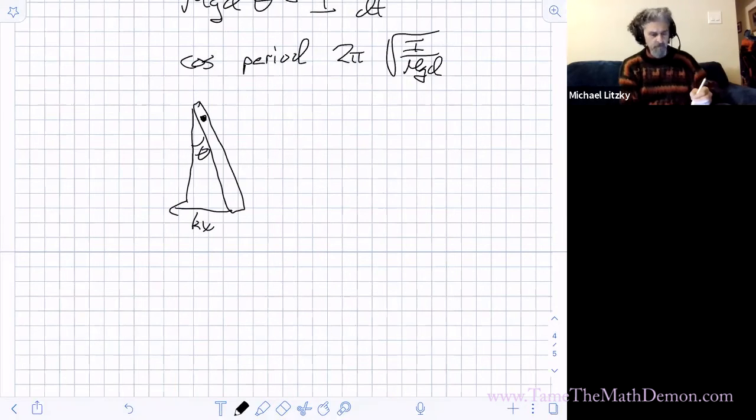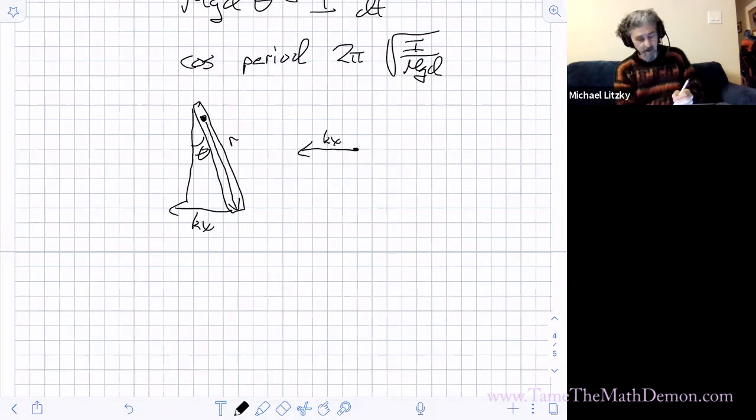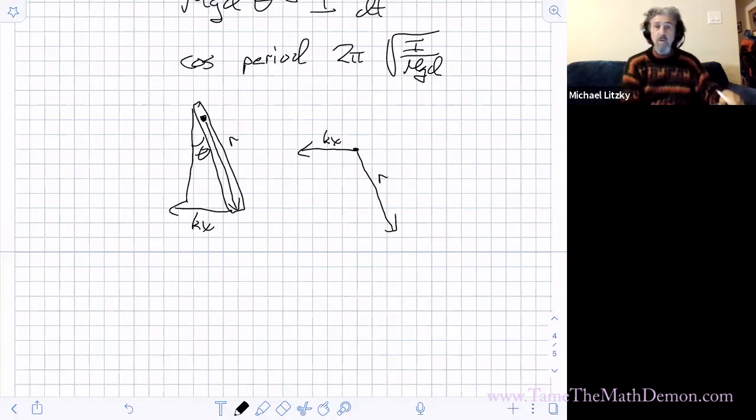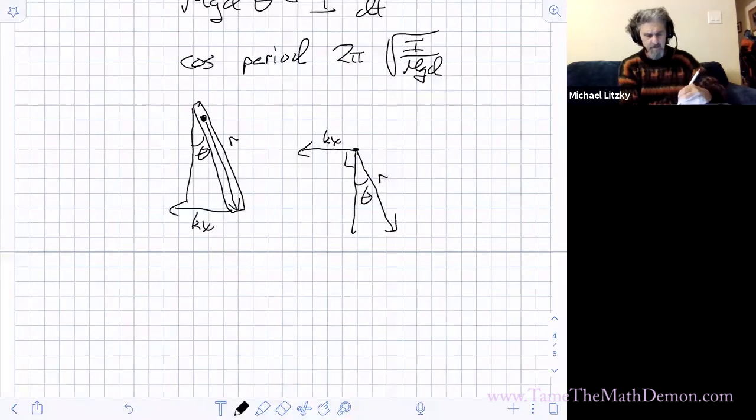But here's the problem. First of all, the force is not being applied at the center of mass like it was with gravity. It's being applied at the end. And when I put those two vectors tail to tail, there's the kx vector, the force. There's the r vector, the distance from the pivot to where the force is being applied. There's our angle theta, but oh dear, we've got this extra pi over 2.